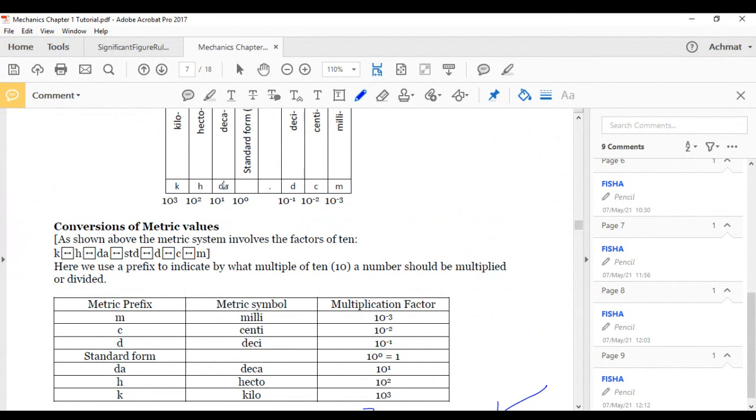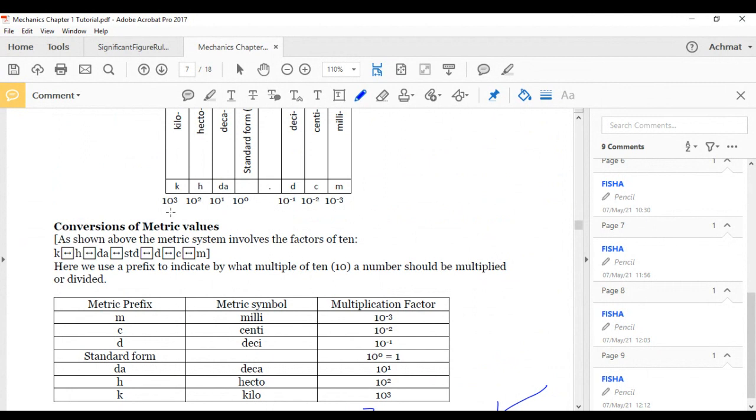If you ignore the deca and the hecto, or the deci and the centi, you move from here to there. Then you can see from standard form to kilo, it's a factor of 1,000, or from standard form to milli, will also be a factor of 1,000. Here you divide by 10 to the minus 3, and this way you multiply by 10 to the 3.